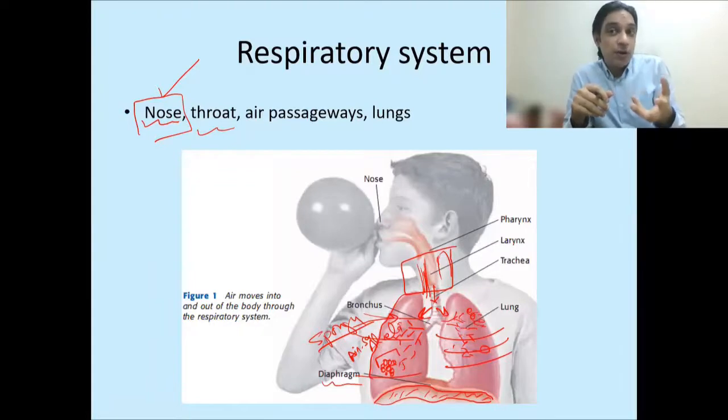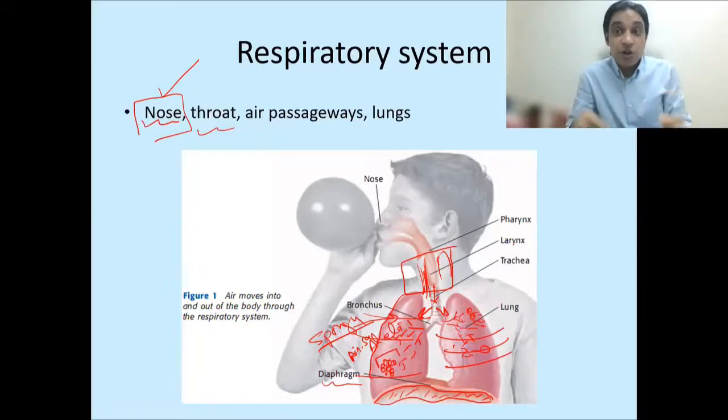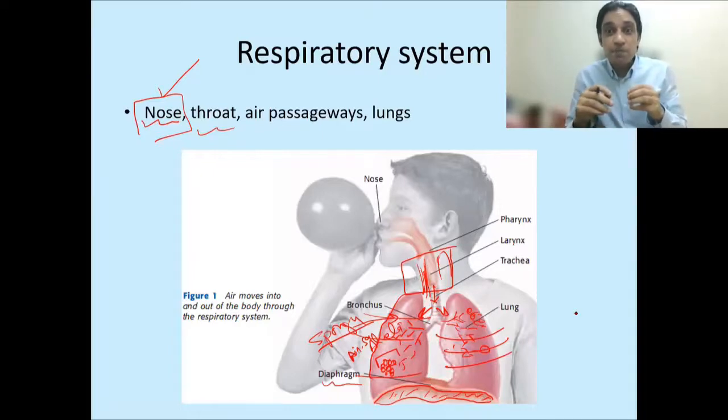If you can recall the last lecture, I was sharing the structure of the stomach, and I mentioned smooth muscles over there. Those smooth muscles are responsible for the contraction of the stomach. So can the stomach contract itself? The answer is yes. Lungs cannot contract themselves because lungs are not made up of any sort of muscles.